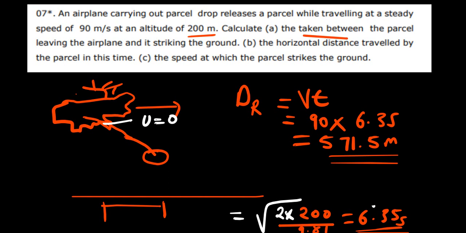This then, C, is the speed at which the parcel strikes the ground. Okay, so what do we do? Which formula is the best? If we say v is equal to u plus at, is this going to work?